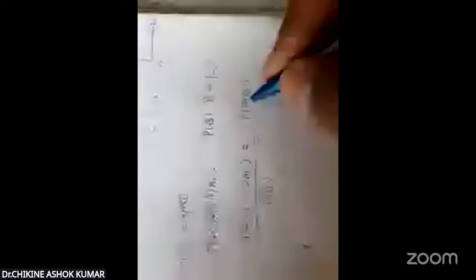I want to prove P of AI given B equal to P of AI into P of B given AI divided by this. So from these two, I write P of AI given B equal to P of AI into P of B given AI. Bring this P of B to the left side. I'll write it once again: P of AI given B equal to P of AI into P of B given AI divided by P of B. Assume this is equation number 3.